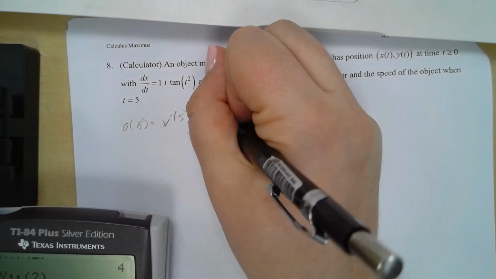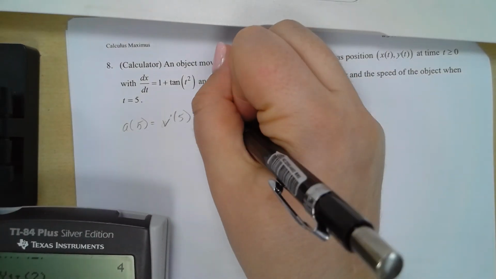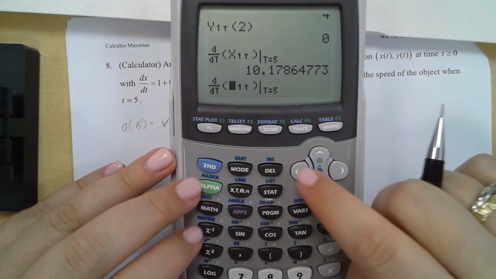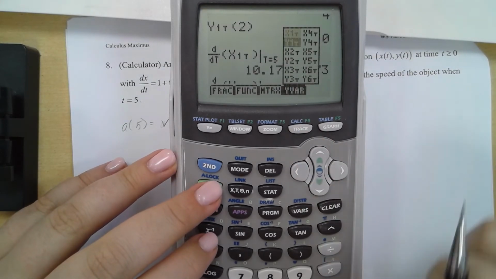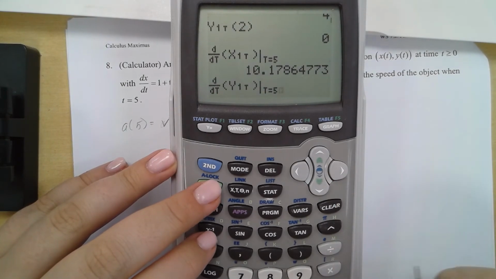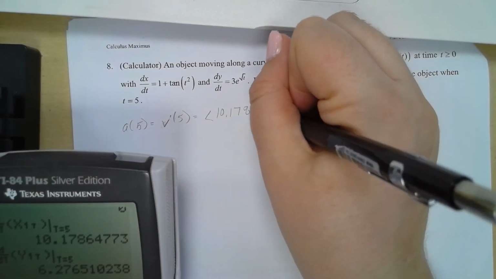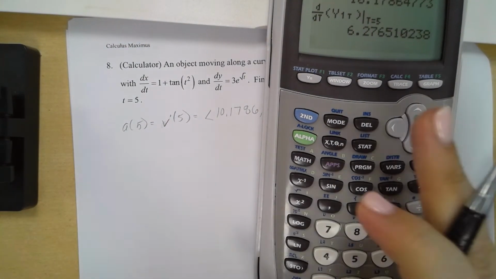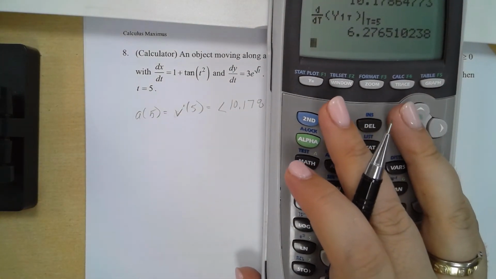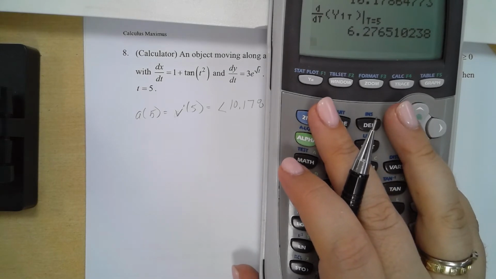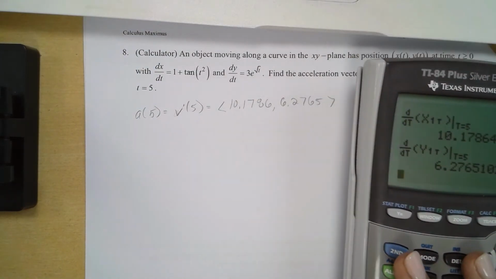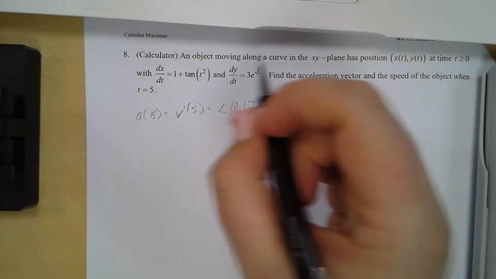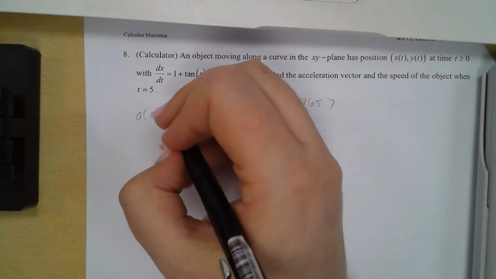So I get 10.1786. I can do that again for the y component, and I get 6.2765. Now I can use that information to find the acceleration vector, excuse me. I found my acceleration vector, and now I need to find my speed.